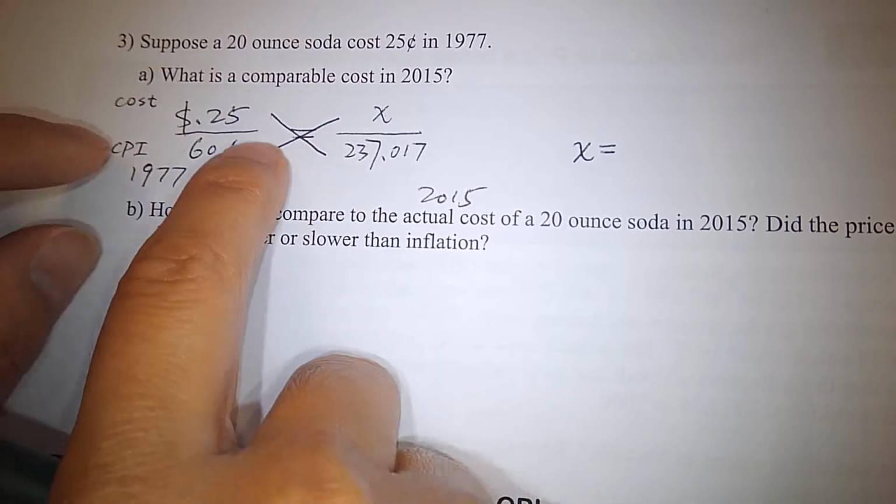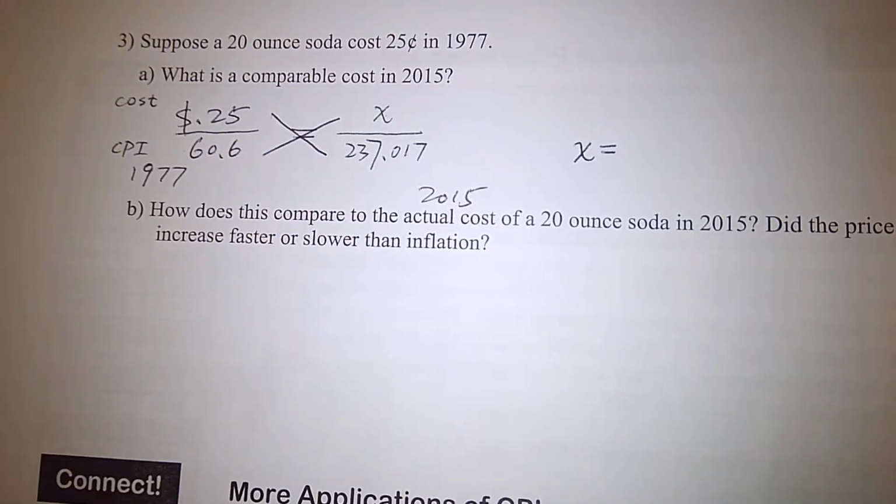Multiply these two numbers and then divide by this number. Got it? What is your x value?